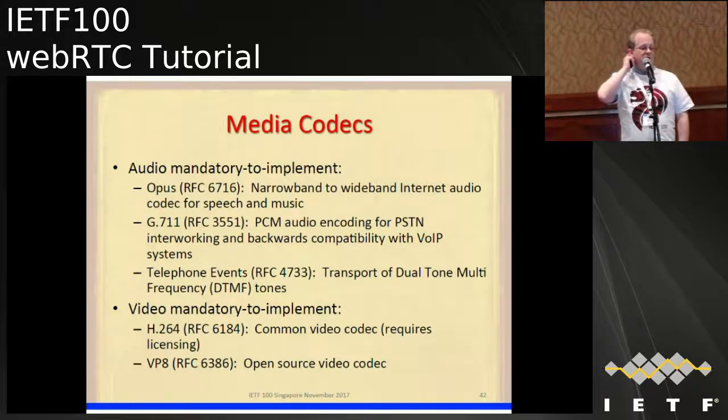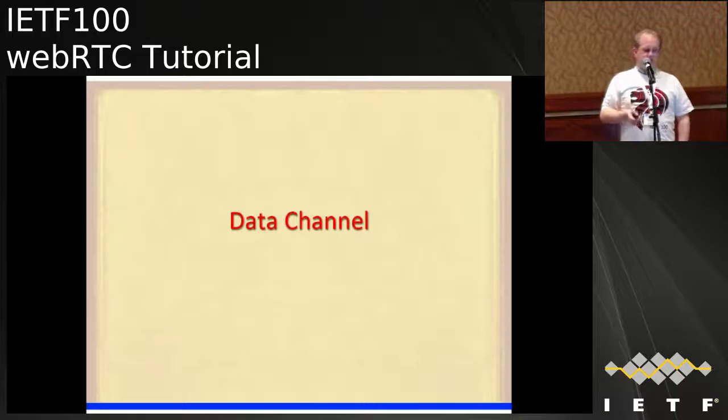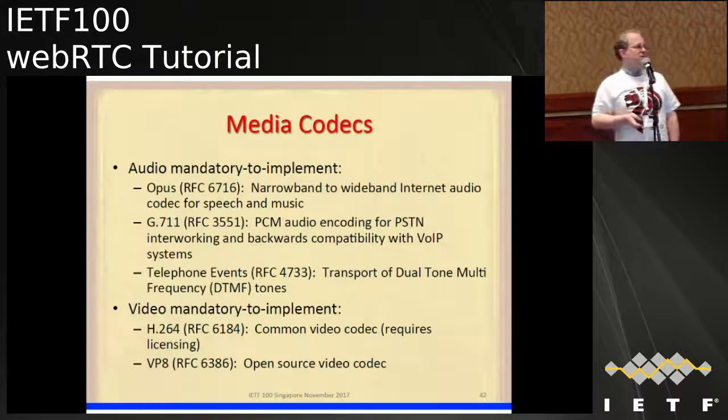For video, the requirements are H.264 and VP8. Of course, you can use anything else, right? These are the mandatory to implement ones. And in fact, people are already using 265 and VP9 for video. Opus is still the state of the art for audio.